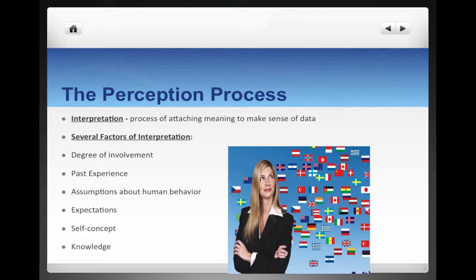There are several factors that affect our interpretation. To begin with, the degree of involvement affects our interpretation: how much we are involved, how much of a relationship we have. So we tend to favor those people that we have a relationship with over those people that we don't. Personal experience, the interactions you had with previous people, affects your interpretation.